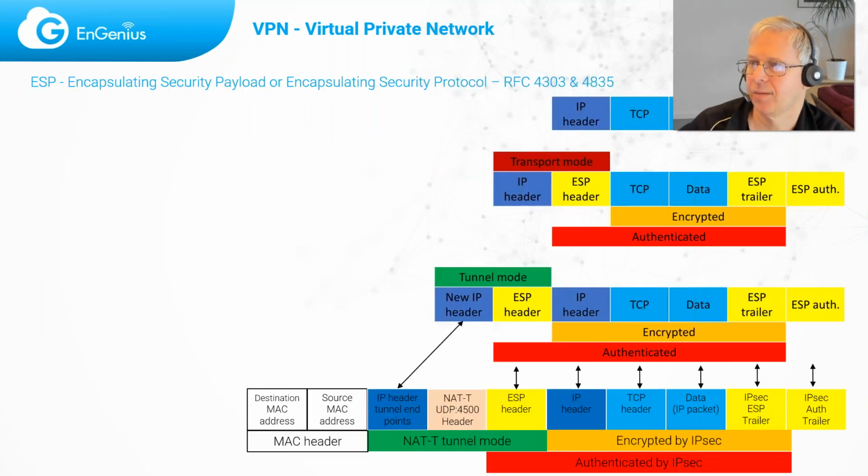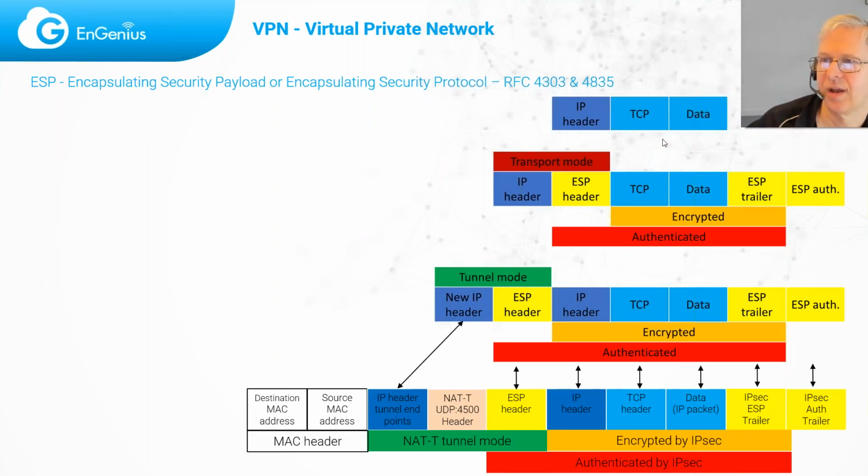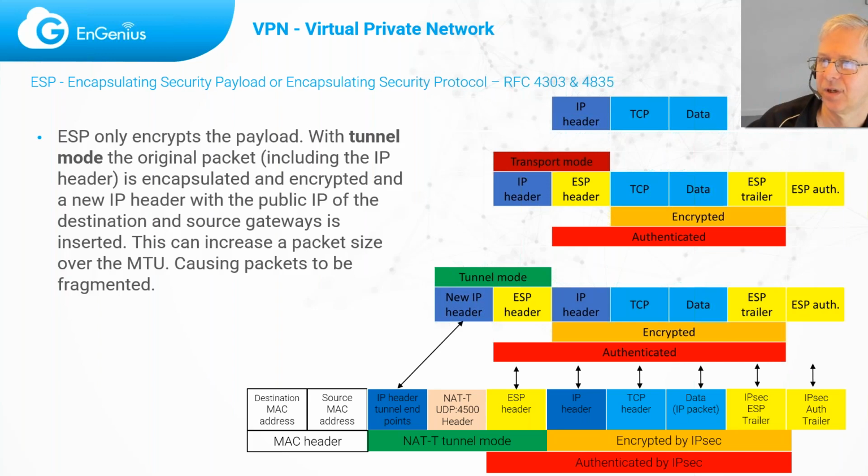So then for ESP, we get something a little bit different. This encrypts, again, puts some stuff in front and at the end, but you can see that only the ESP part, your packet and your ESP trailer, is encrypted.